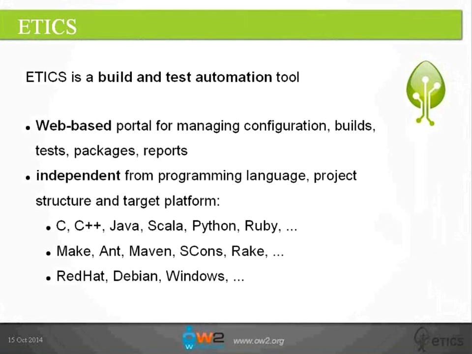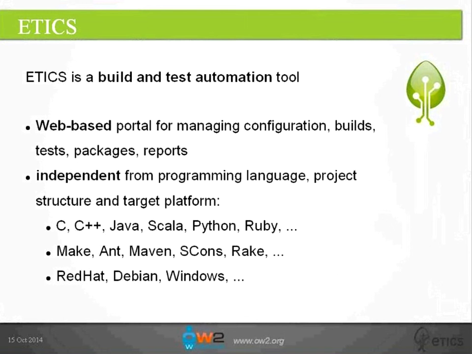From the portal, it's possible to configure the tool, execute builds, see the results, and download the reports and the packages, everything. It's really independent of programming language or project structure, and so you can use it with different building tools, from Maven to Make, Rake for Ruby, for instance, or Ant, and so on.